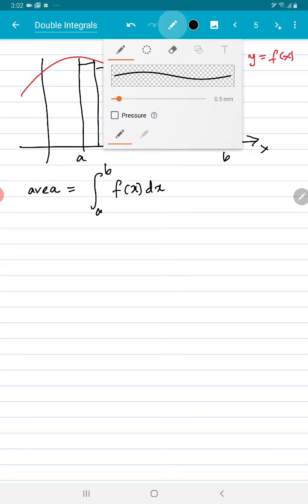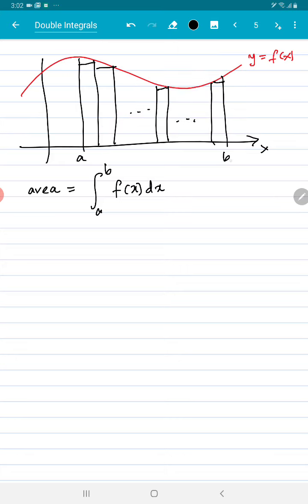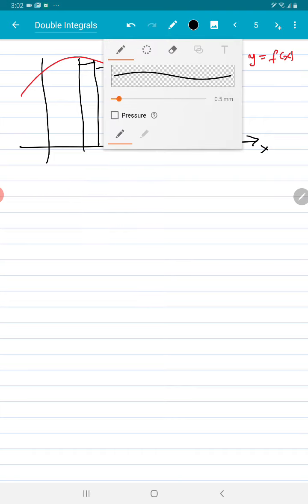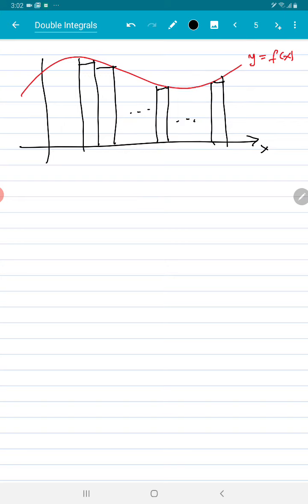Let's say the width of each rectangle is the same. I'm going to call them delta x1, delta x2, up till delta xi, up till delta xn.